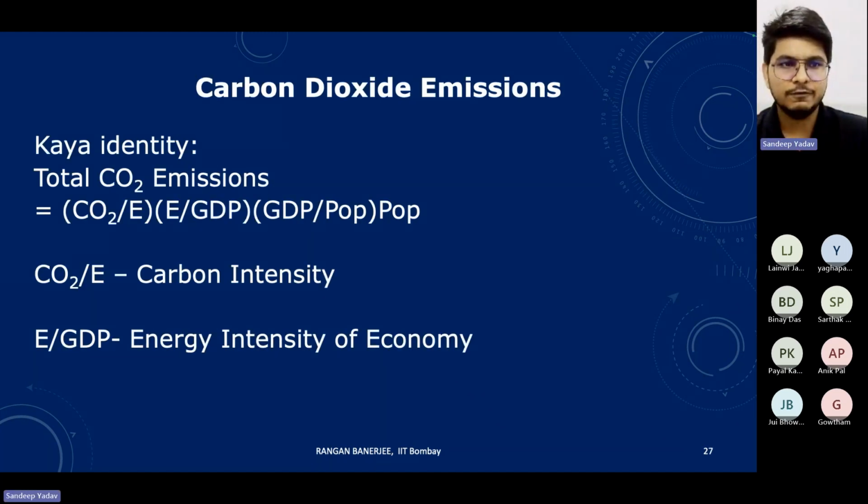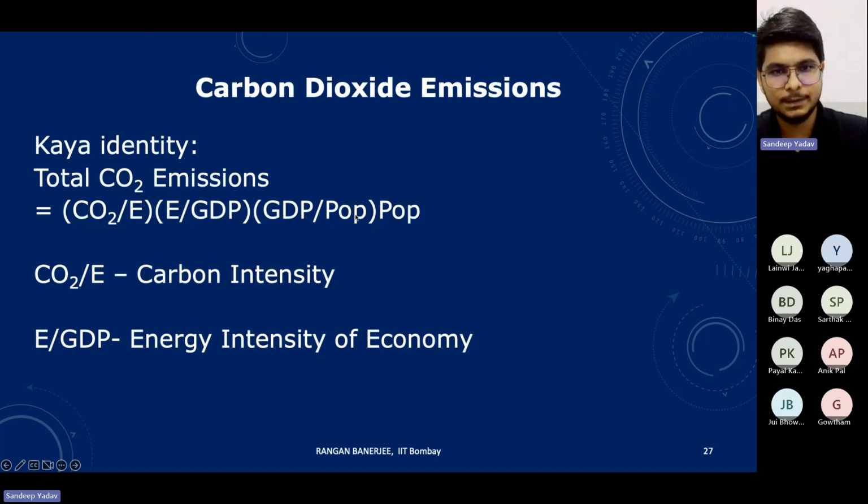Now we have to calculate the Kaya identity. The Kaya identity is a very important term as we compare energy systems to the environment. That is the total CO2 emissions. The total CO2 emissions can be divided into the carbon intensity, the first part, that is the CO2 by energy. Second is E by GDP, that is the energy intensity of the economy.